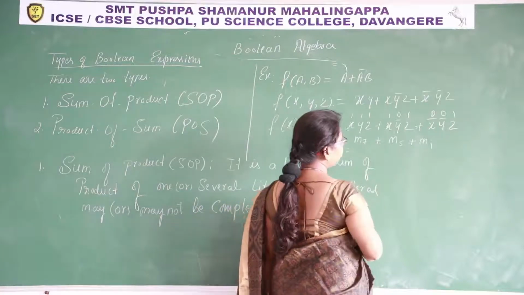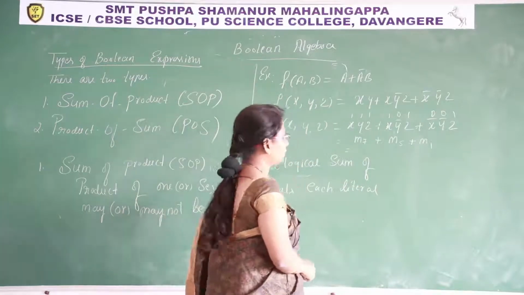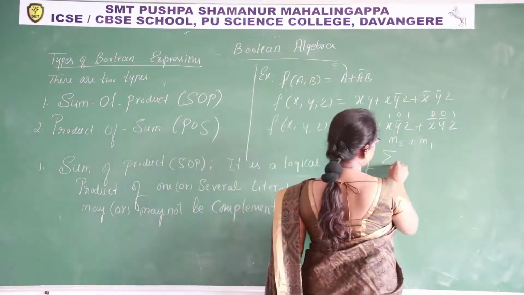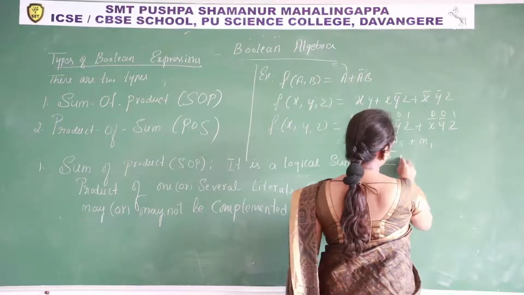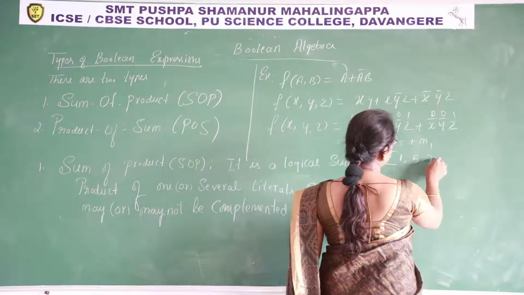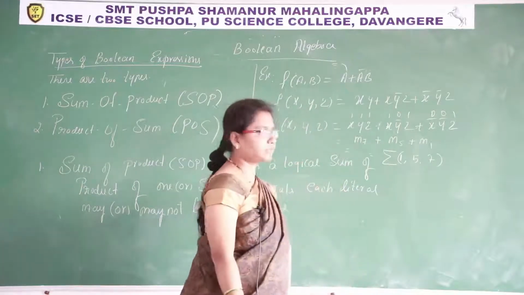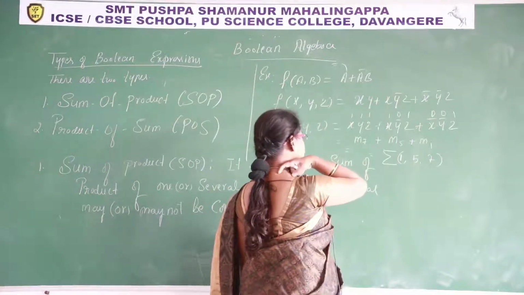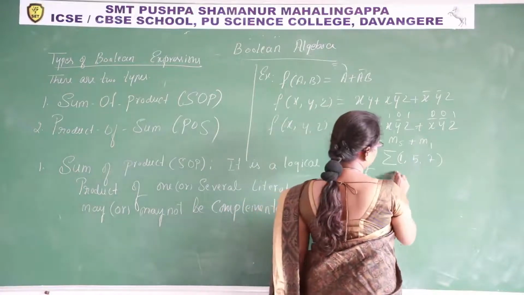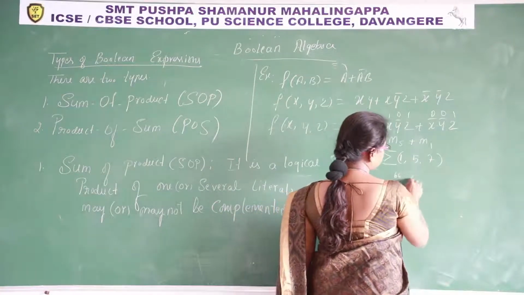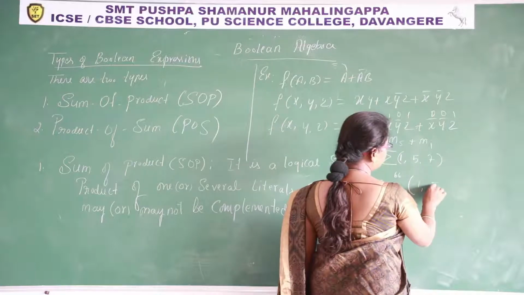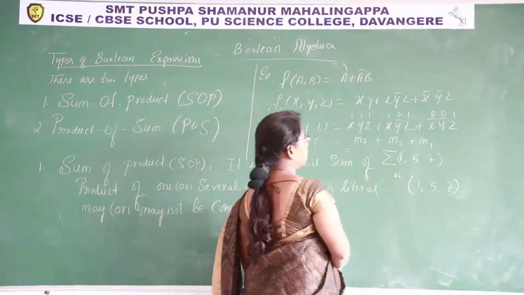And another way of representing these min terms is sigma of 1, 5, 7. This is another way of representing min terms or an SOP expression. Or sigma m, open parenthesis 1, 5, 7.